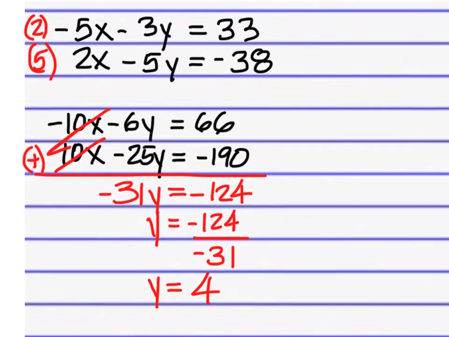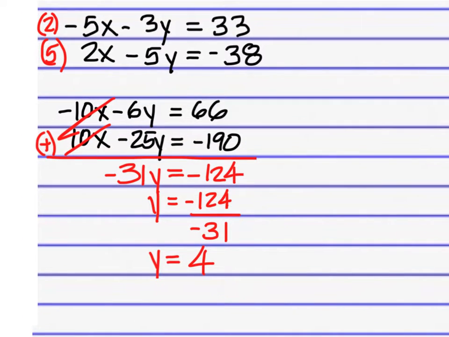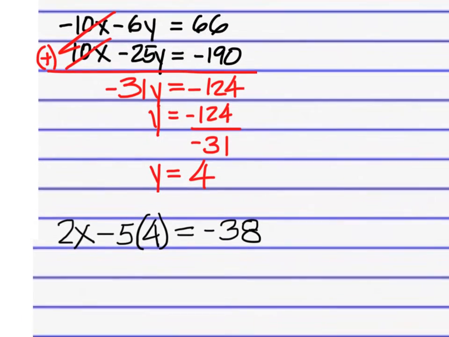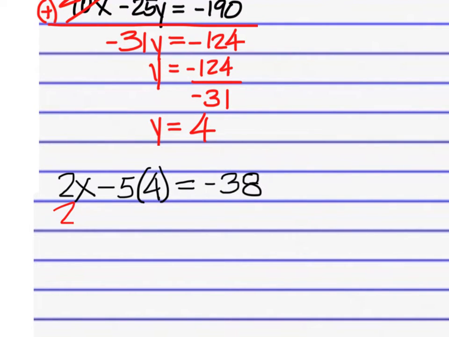So if y is 4, I need to plug it back into one of those two original equations at the top. I'm going to use the bottom one. So it should be 2x minus 5 times 4 equals negative 38. Simplify it to get 2x minus 20 equals negative 38.